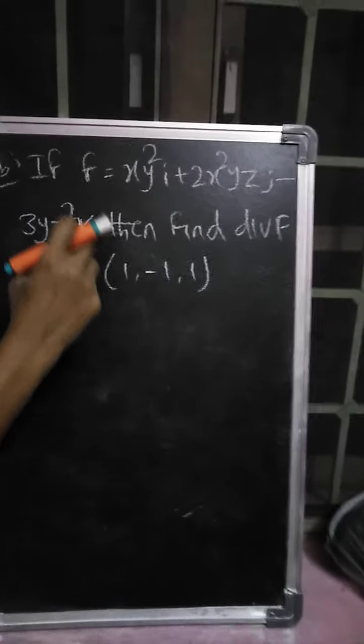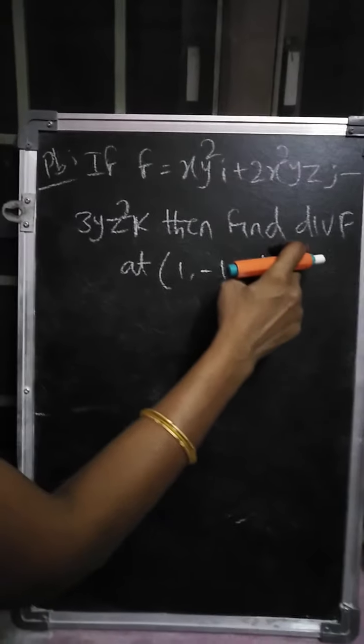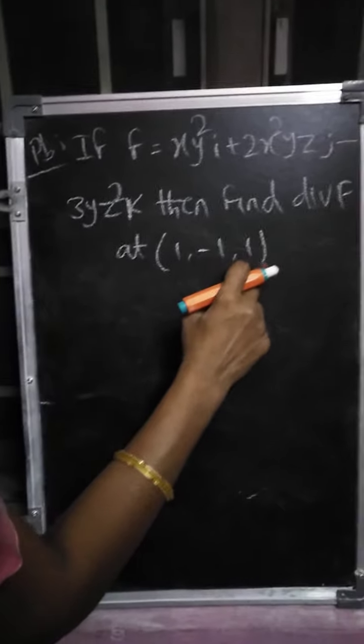First we find div f, then in that we put the x, y, z values 1, minus 1 and 1.